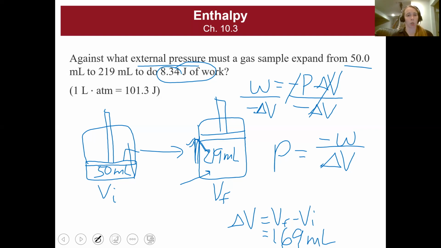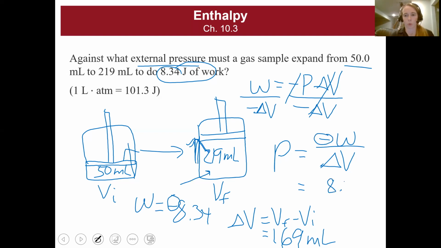So when we're doing work on the surroundings, work is negative. So work should be, in this case, negative 8.34 joules. And that is good because pressure has to be positive. So if we plug that in, we've got a negative and a negative, which is going to cancel out.